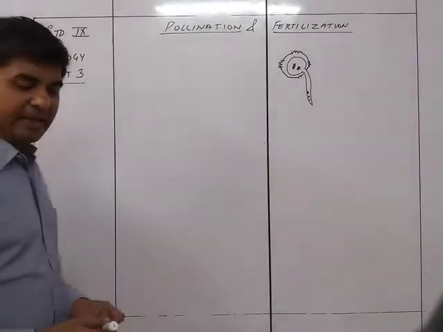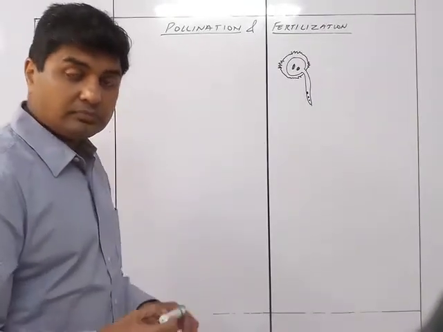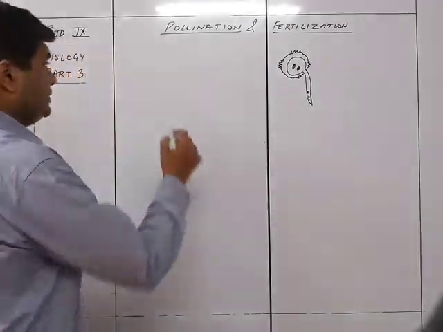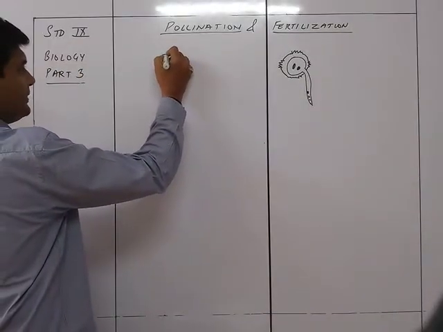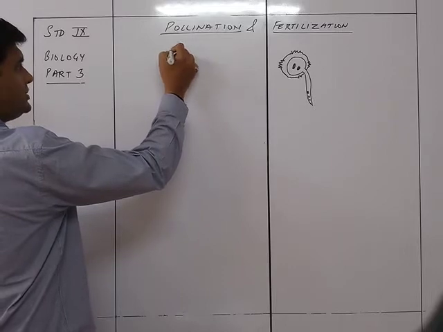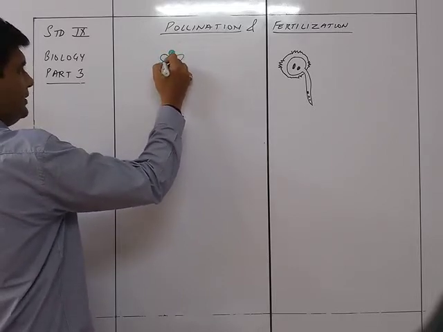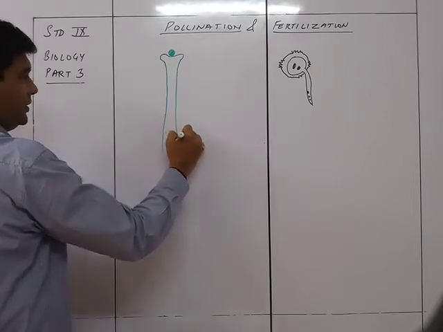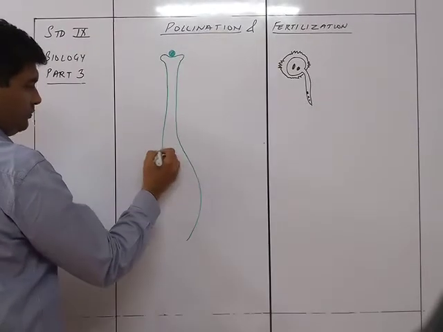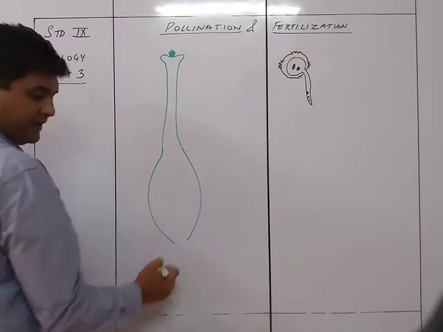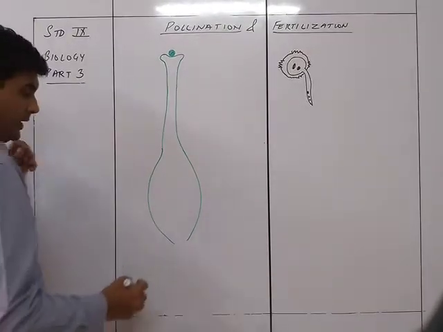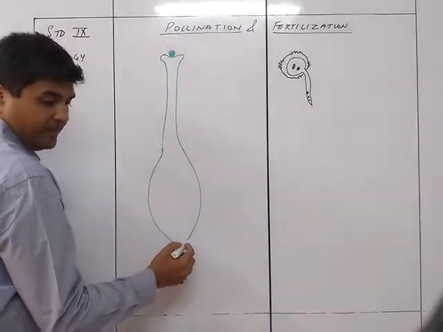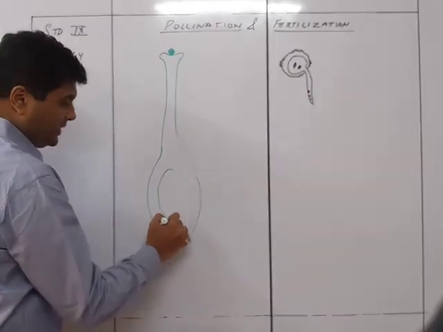Now when we see the style and the stigma, the stigma will be something like this, on which there is this particular pollen grain. The stigma has a style which will be like this, and at the bottom is the ovary. Inside this ovary there will be the embryo sac, which will be something like this.